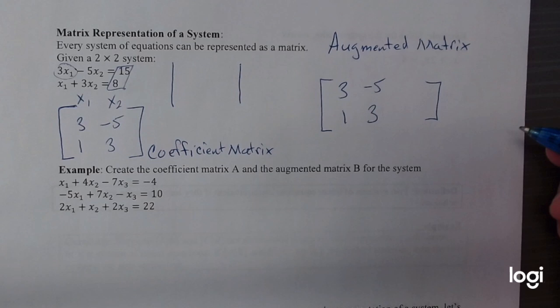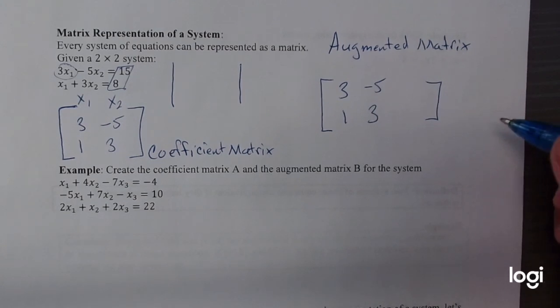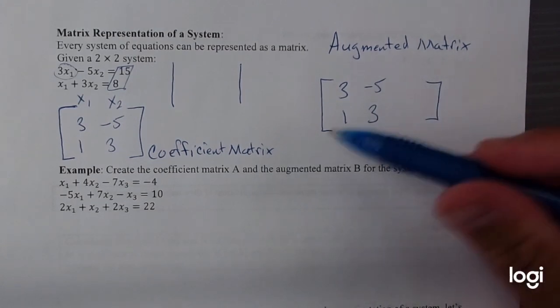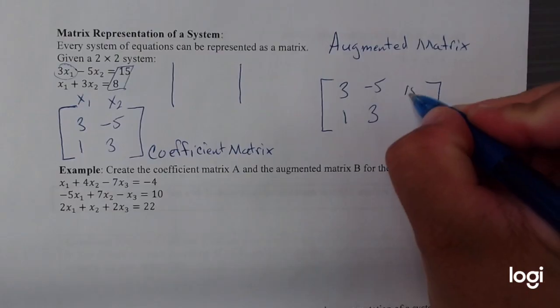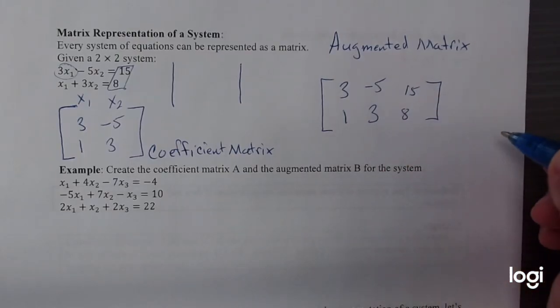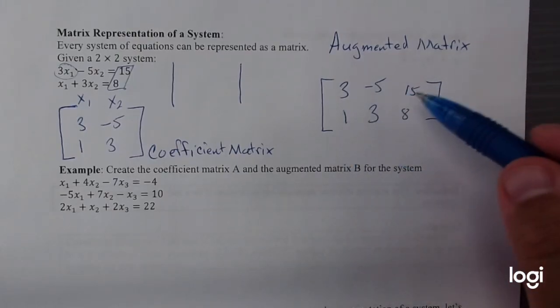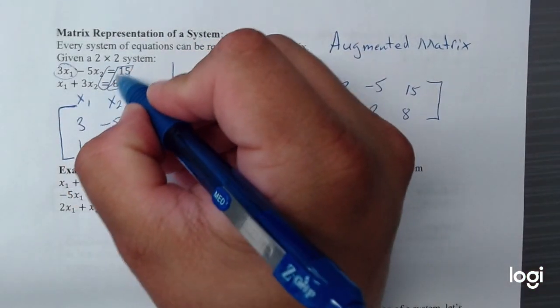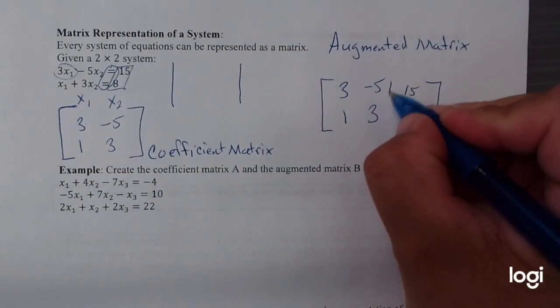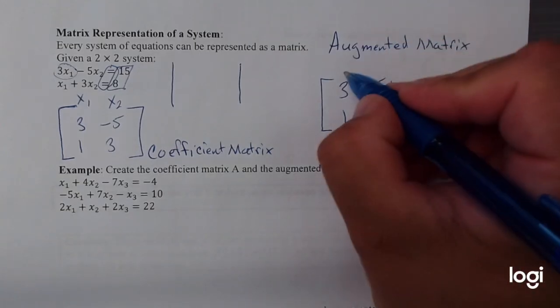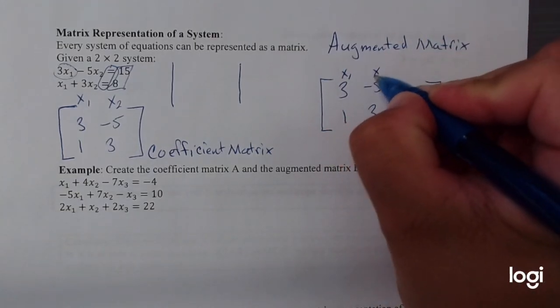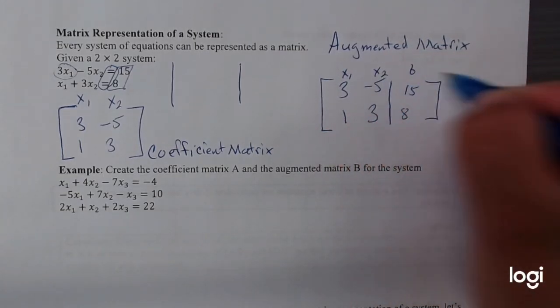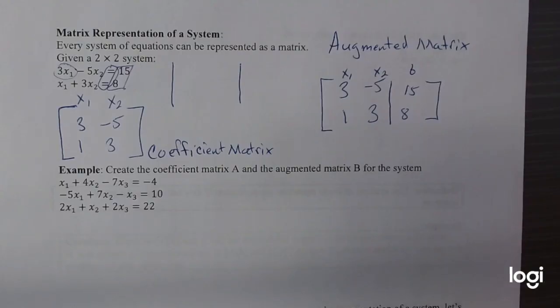Now this is where your textbook and I are going to differ a little bit. In your textbook, they don't do what we're about to do, they just bring it up. So in your textbook, you're going to see it this way as your augmented matrix. How I'm used to looking at this situation is that this equal sign represents this line here. So you can know that these represent the x's, and this represents the actual answers, the b's.